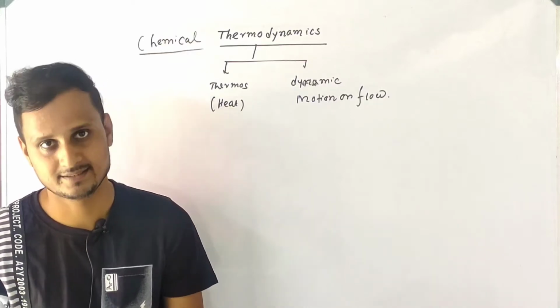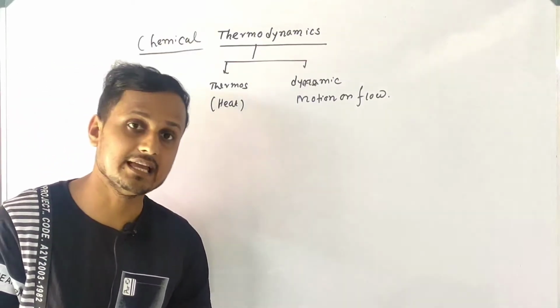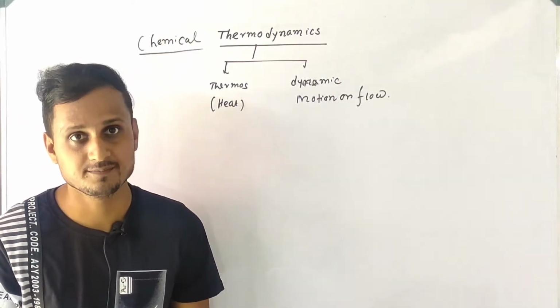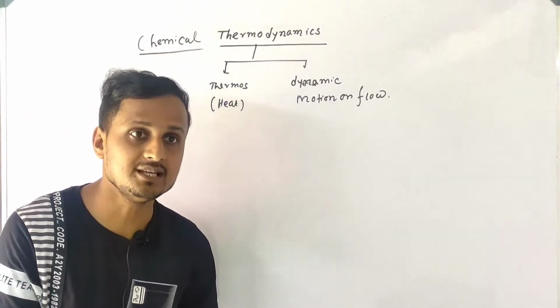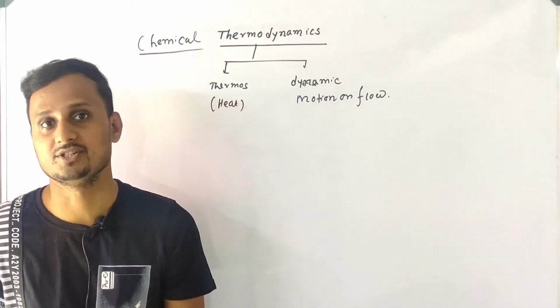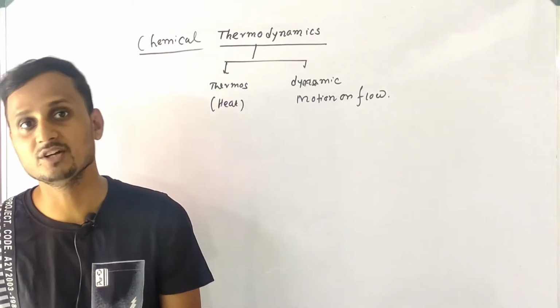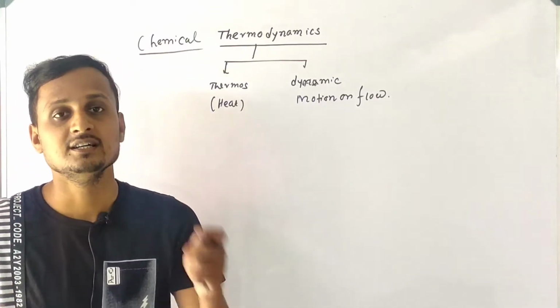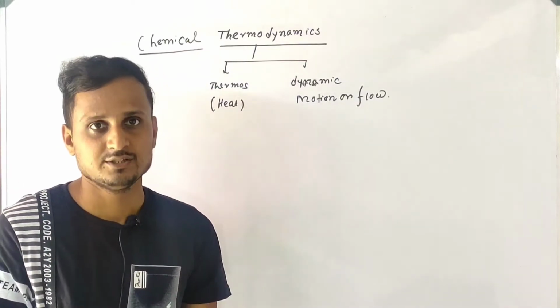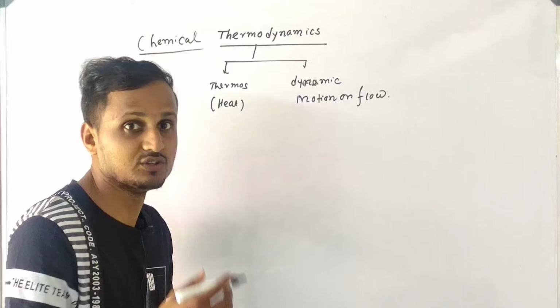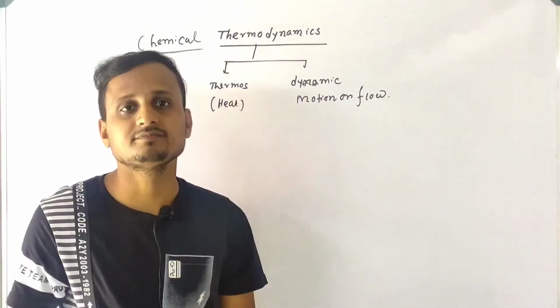Next, if they react, what kind of energy change will there be? And number 3, in the reaction, if the concentration of the substances changes, will they come to equilibrium? These are the three questions that will be answered in this chapter.